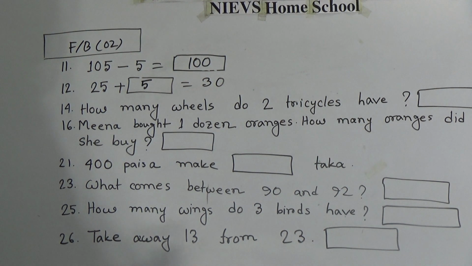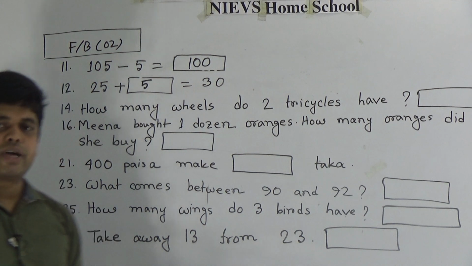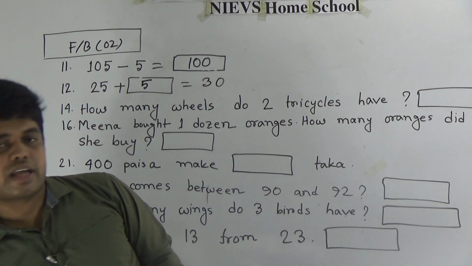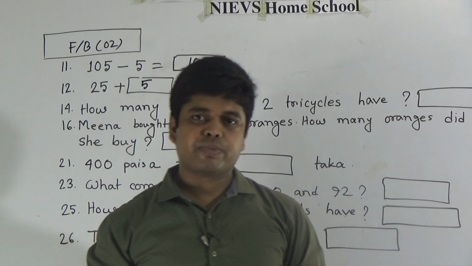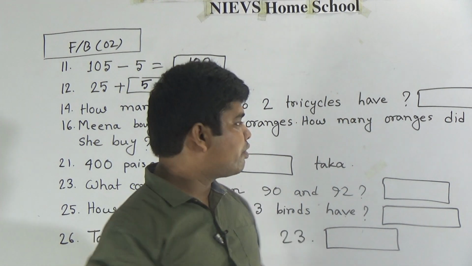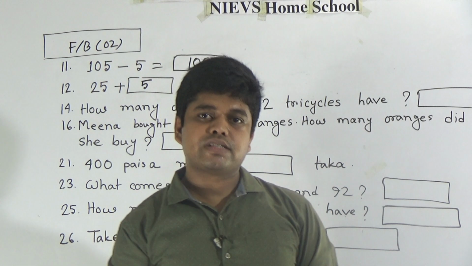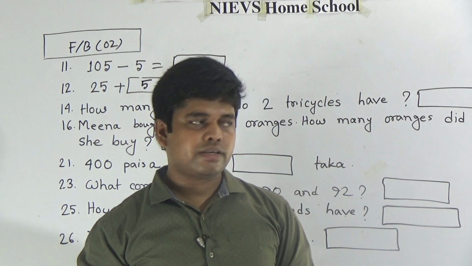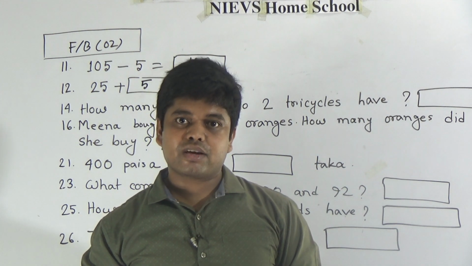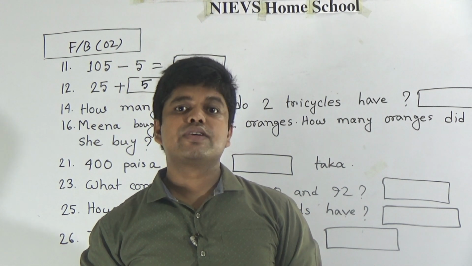Okay, next question is, how many wheels do two tricycles have? My dear students, can you give me an example of a tricycle? Yes, I hope you have understood because you are very smart learners. I already know from your SW copy. So, my dear students, examples of tricycles are rickshaw and CNG. These tricycles have 3 wheels.